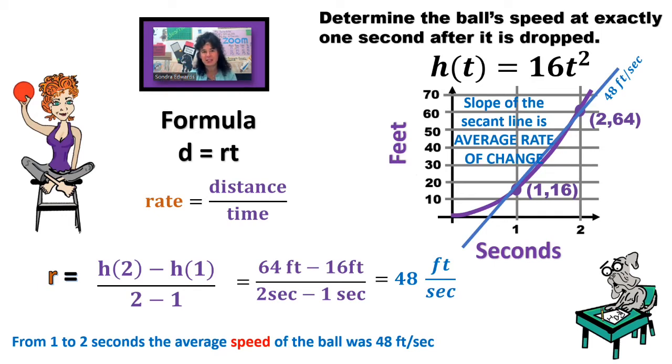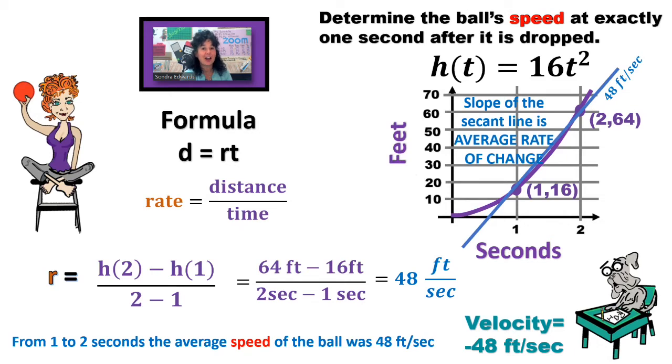But thinking about that time interval from 1 to 2 seconds, at 1 second, the ball was going the slowest compared to all of the speeds on the interval 1 to 2 seconds. So this is going to end up being an overestimate. Quick review of speed. So the speed here is 48 feet per second, but the velocity of the ball on average was negative 48 feet per second.